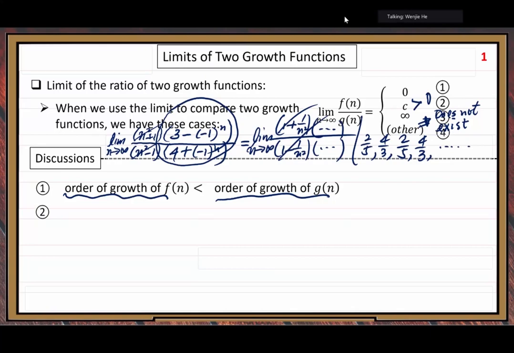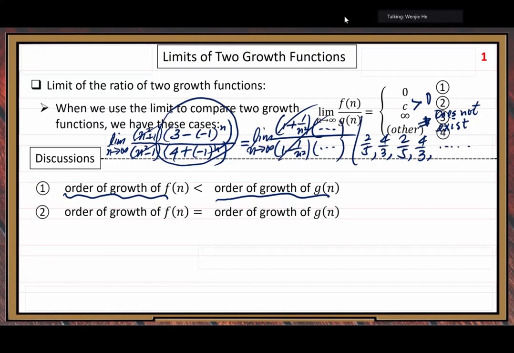Second case, the ratio is a positive constant c. Although this c could be a large number or a small number, any positive number is possible, if you look at the trend of the growth, they are on the same trend.